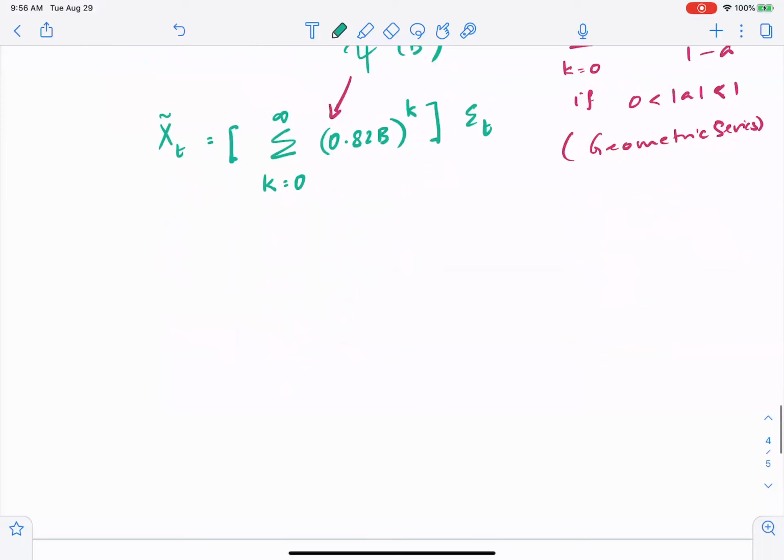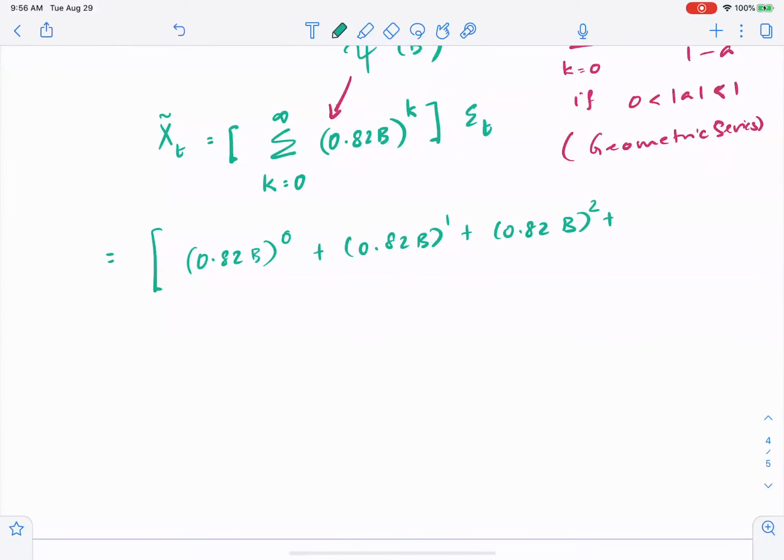Sideways m is just uppercase sigma, which means sum. So I am going to plug in k equals 0, followed by 1, 2, etc. So when I plug in k equals 0, 0.82B raised 0 plus 0.82B raised 1, 0.82B raised 2 plus ... It's going to keep on going, times epsilon t.